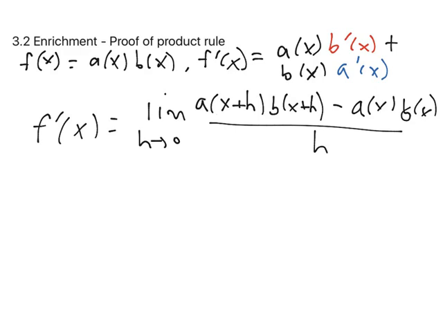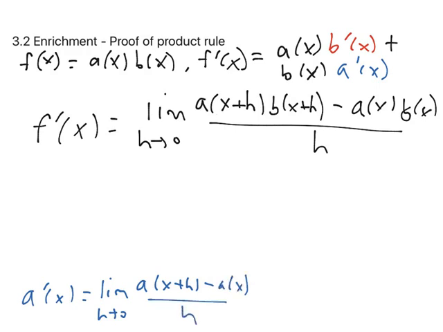Now, in order to prove this, we know that by the definition of derivative, a prime of x has to equal the limit as h approaches 0 of a of x plus h minus a of x over h, and the derivative b prime of x has to equal the limit as h goes to 0 of b of x plus h minus b of x over h.